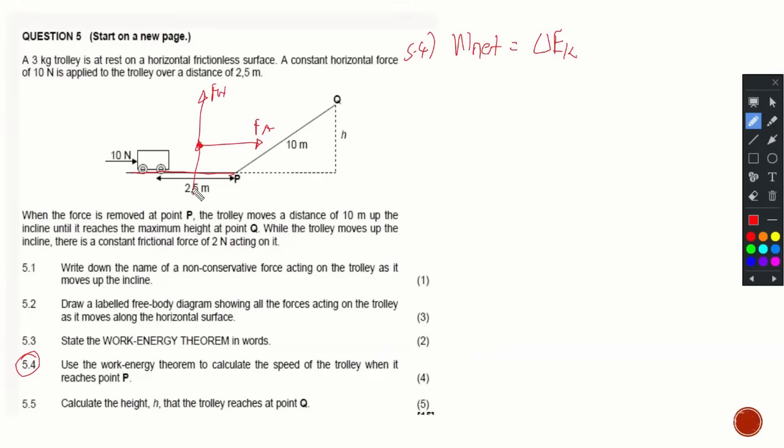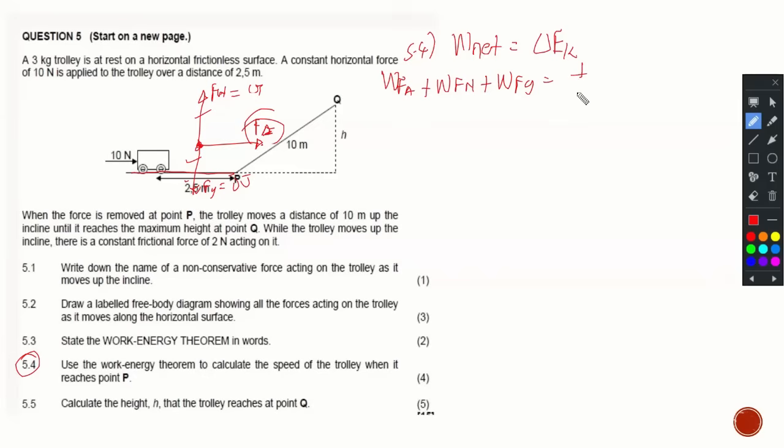Fn and Fg do no work. 0 joules, 0 joules, right? No work done by these two. So the only force that will be doing work is the force applied. We can simply say work done by force applied plus work done by Fn plus work done by Fg is equal to change in EK.